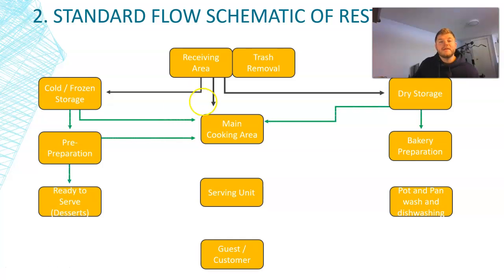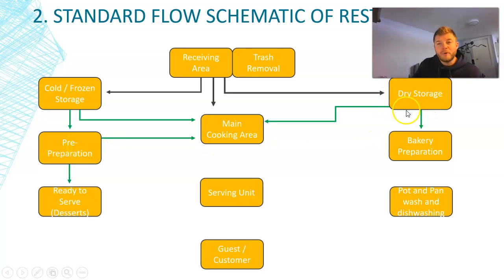The next step is from our storage into a couple different places. It can go to a pre-preparation area. If you think about cold or frozen, let's say we have a lot of produce in the fridge, tomatoes and onions and everything else. What we might do is chop, clean, and prep and get them ready for our main cooking area.